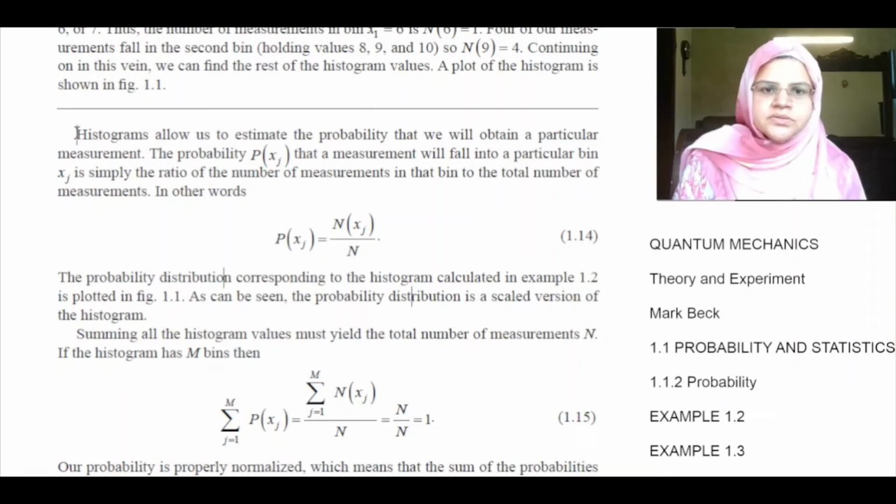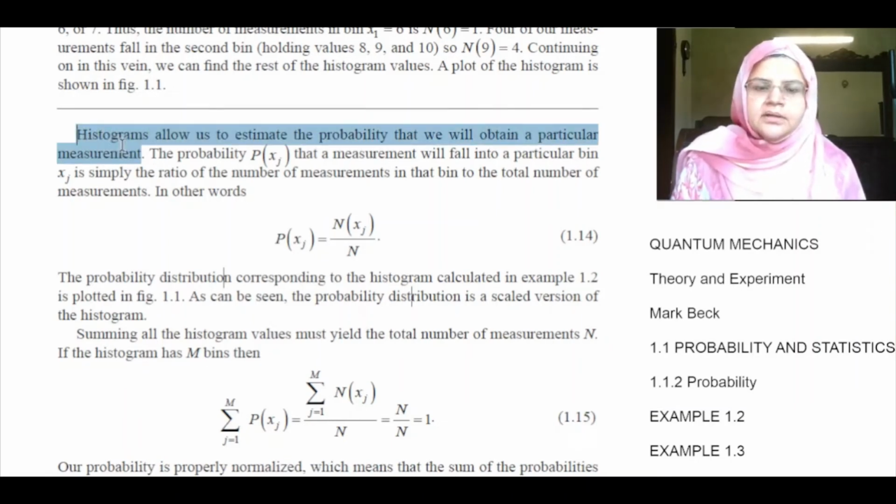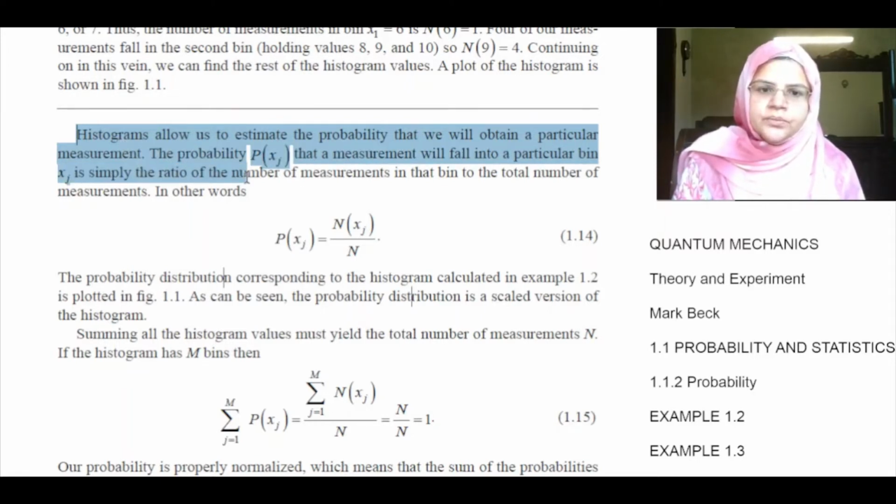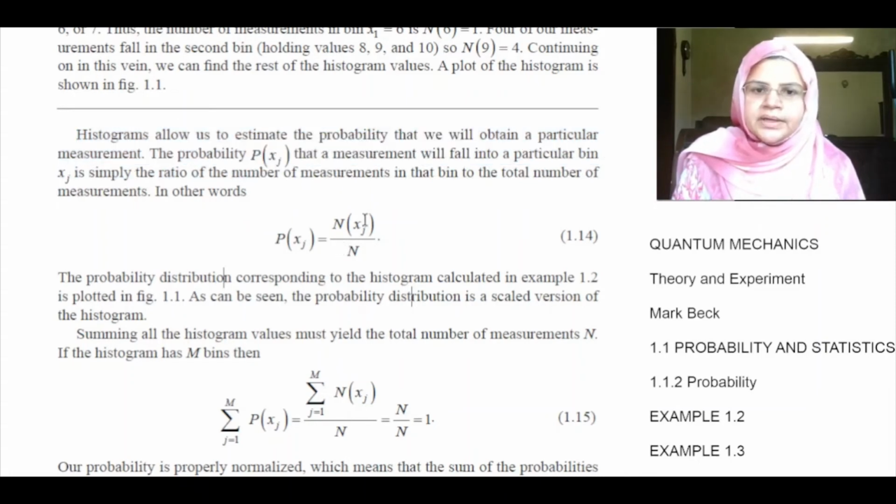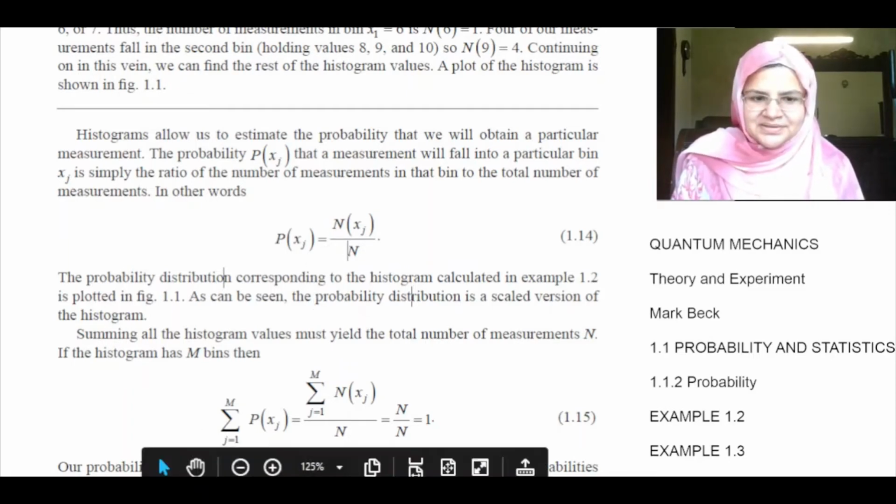Histograms allow us to estimate the probability that we will obtain a particular measurement. The probability Pxj that a measurement will fall into a particular bin xj is simply the ratio of the number of measurements in that bin to the total number of measurements. In other words, Pxj is equal to nxj divided by n. nxj is the number of measurements in a particular bin and n is the total number of measurements.